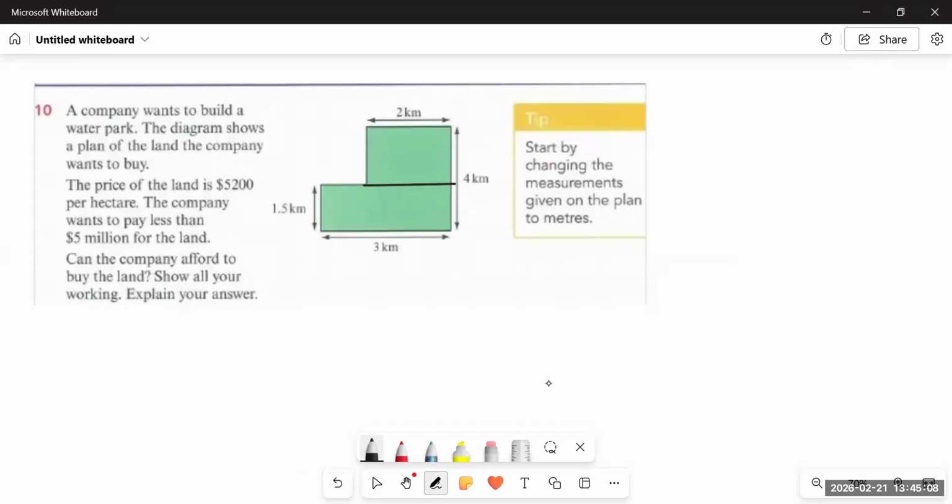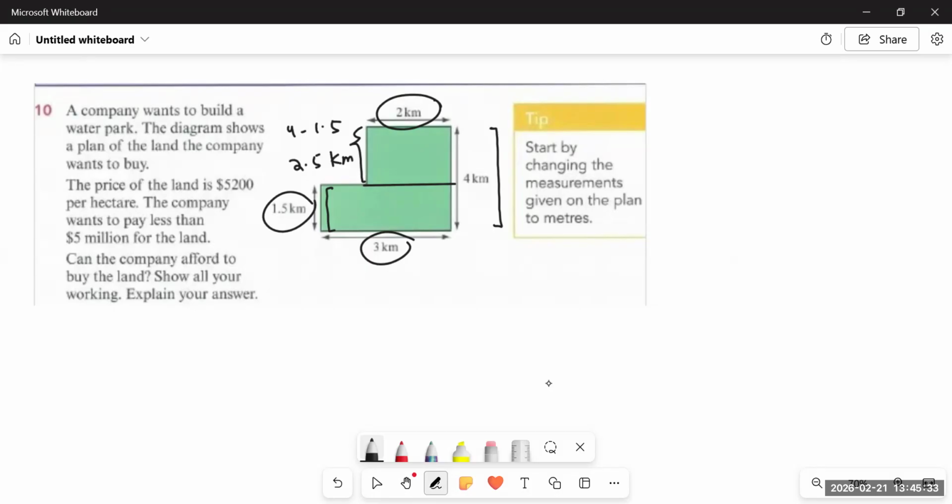The first one is 1.5 by 3 kilometers, but for the second one, it's 2 kilometers by, this length is how much? This length from top to bottom is 4 kilometers, where the bottom part is 1.5 kilometers. So this part above would be 4 minus 1.5, and that's 2.5 kilometers.